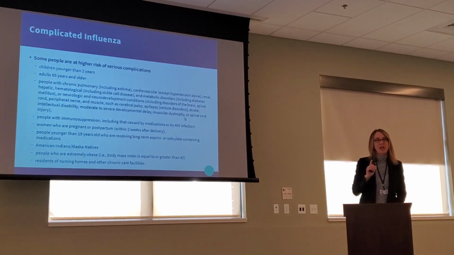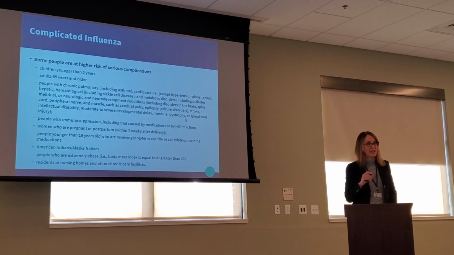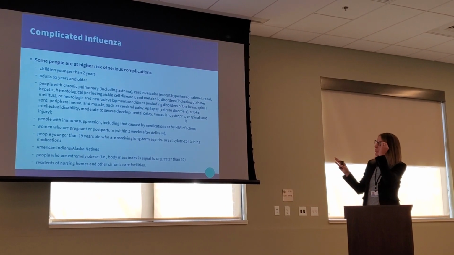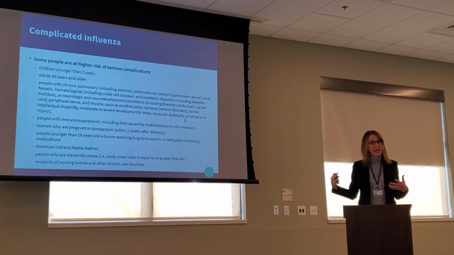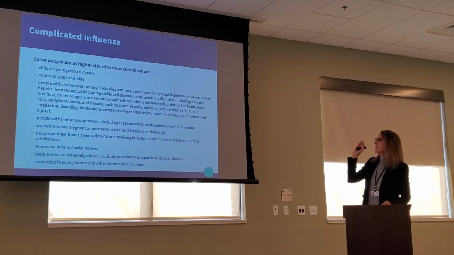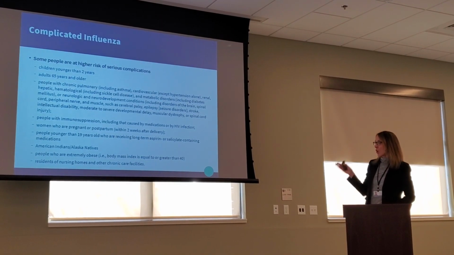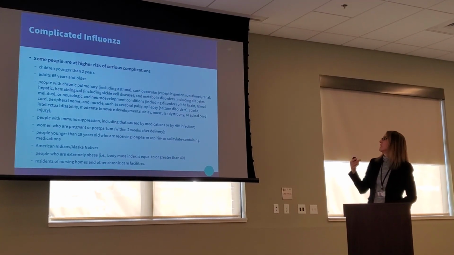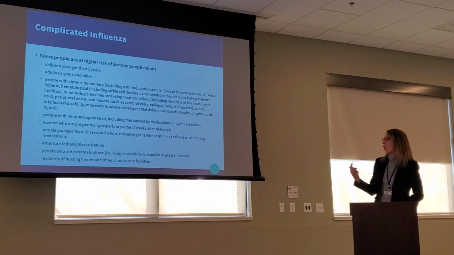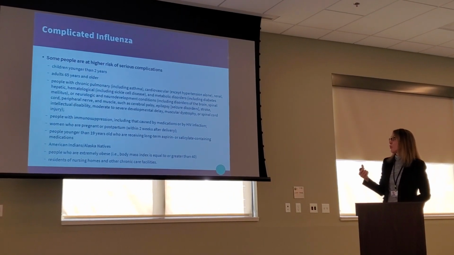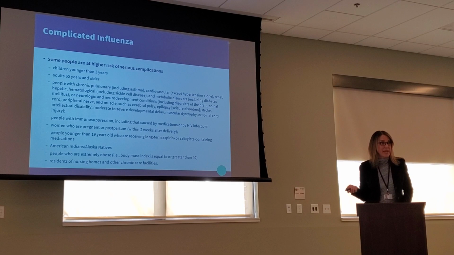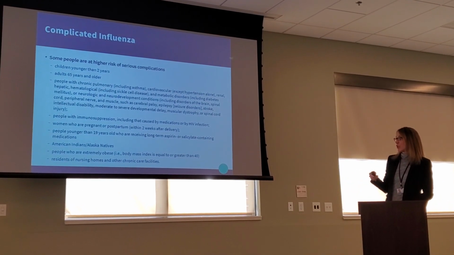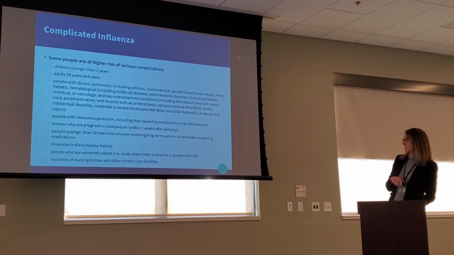Okay, so some people are at higher risk for complicated influenza, and this is a very busy slide, but it kind of goes through who is at risk to get very sick when they get the flu. Children younger than 2, adults 65 and older, people with chronic lung, heart, kidney, liver, or blood disorders, people with metabolic disorders, including diabetes, and people with neurological or neurodevelopmental conditions are at higher risk.